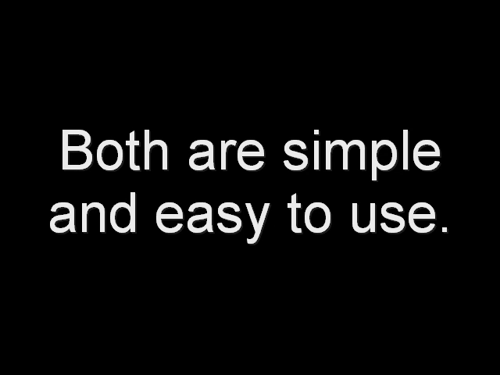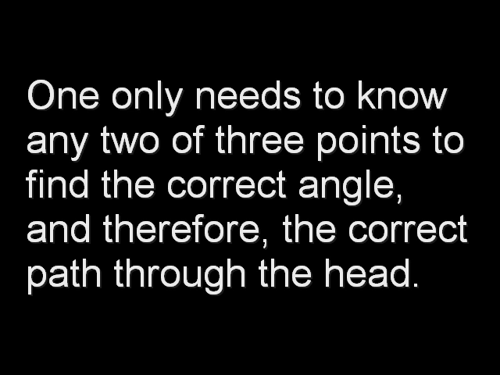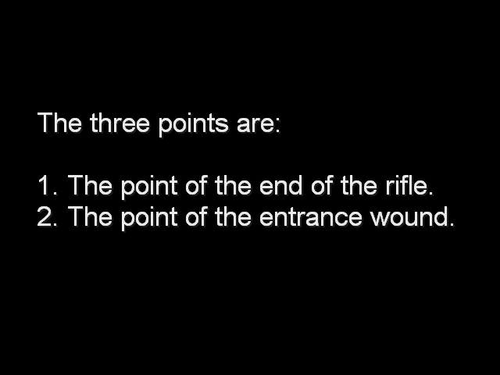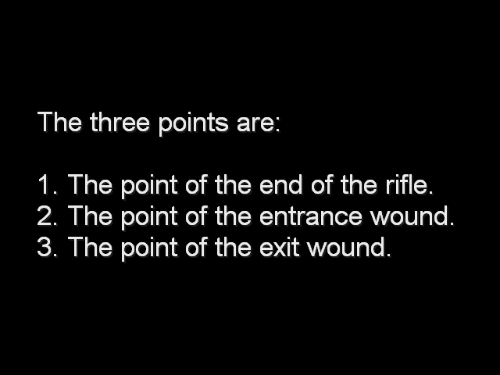Fortunately, there are very accurate alternative methods to determine the exit point, and these methods are very simple and easy to use. As stated in Part 1b, 2011, one only needs to know 2 of 3 points to accurately determine the trajectory angle. Those 3 points are the location of the end of the rifle, the point of the entrance wound, and the point of the exit wound.